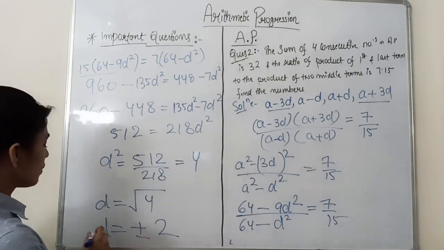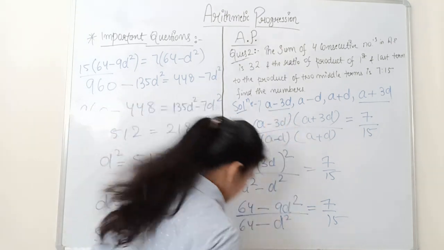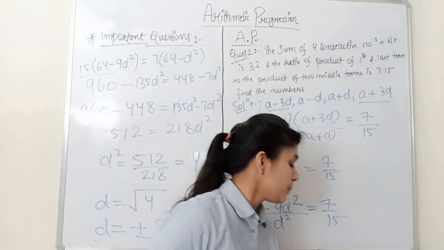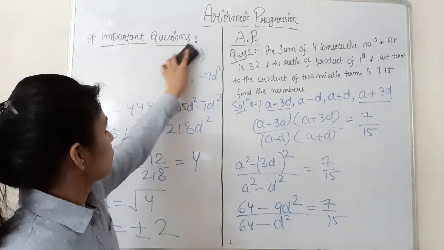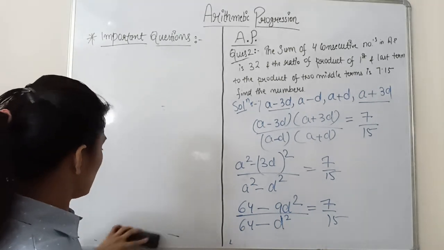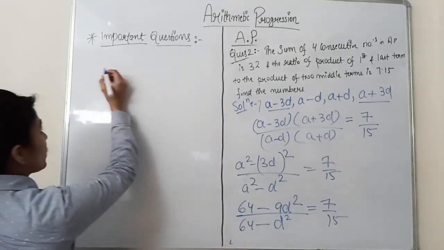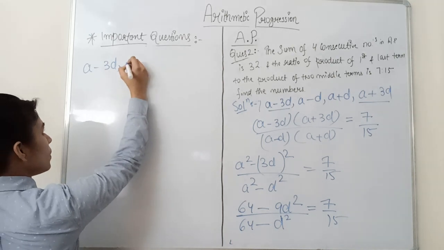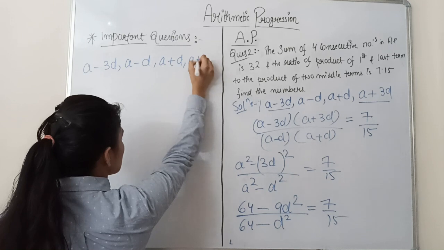Now we will put the values of a and d in our 4 consecutive numbers: a minus 3d, a minus d, a plus d, a plus 3d.